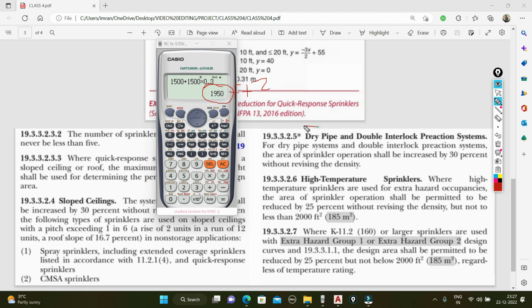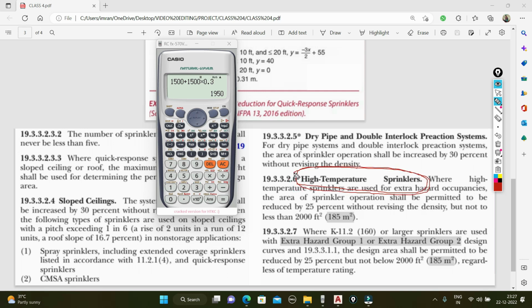if we are going to design a dry pipe or double interlock pre-action system. Okay, and also if we are going to design with high temperature sprinklers, which we generally use in extra hazard.